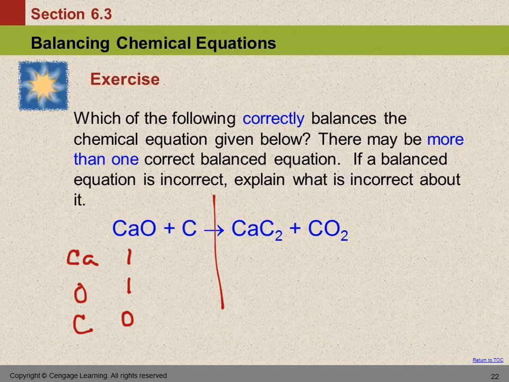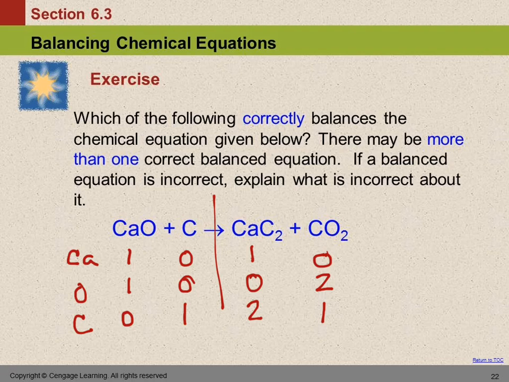Over here, this carbon, I have no calciums, no oxygens, and 1 carbon. CaC2, 1 calcium, no oxygens, 2 carbons. And then CO2, I've got no calciums, I've got 2 oxygens, and 1 carbon.